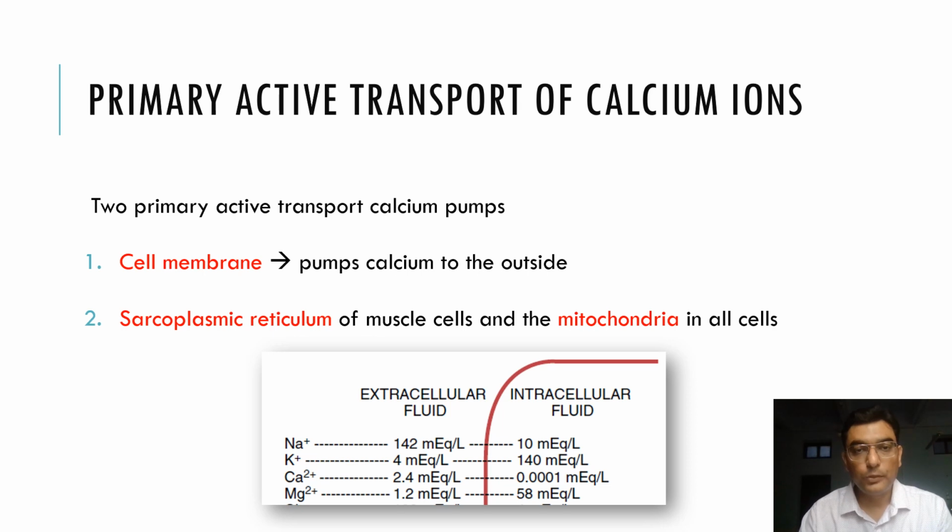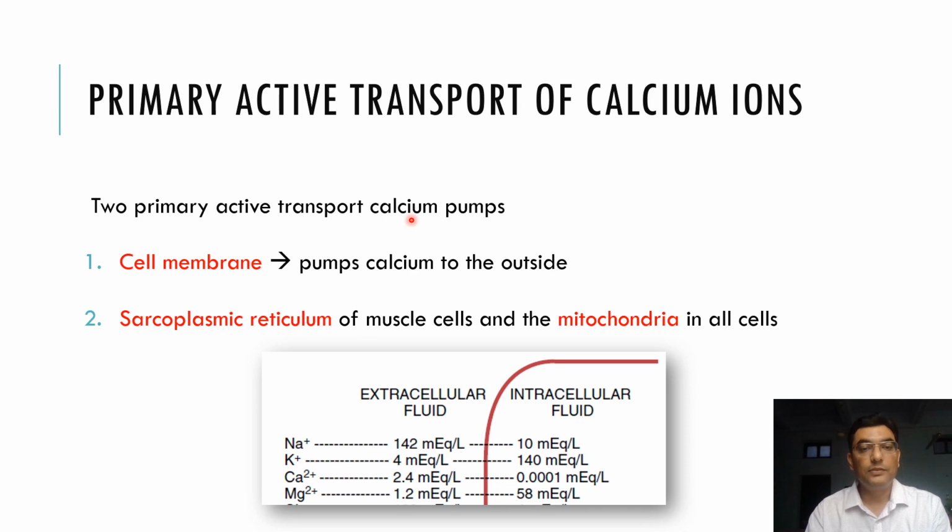Now, one more important example of the primary active transport is the calcium pumps, which pump the calcium ions. The calcium ions are present in extremely low concentration in the intracellular fluid. So the calcium pumps maintain this lower concentration.